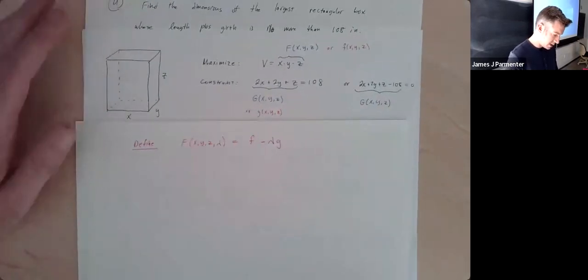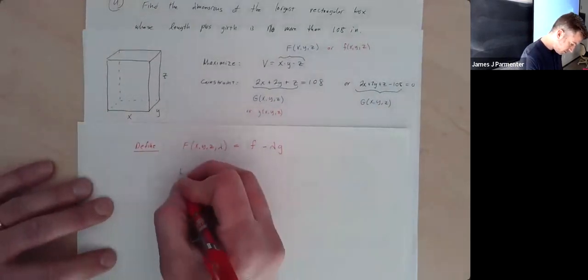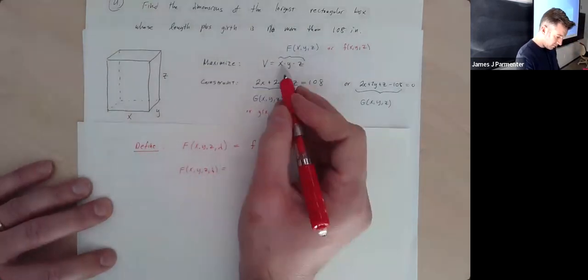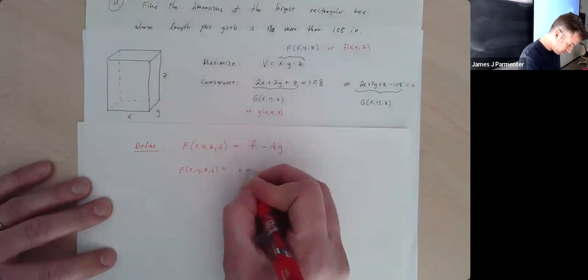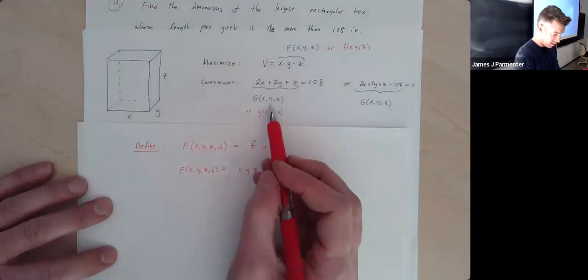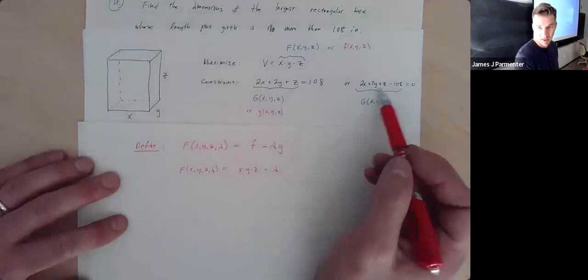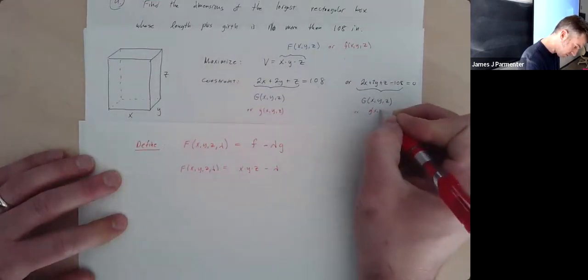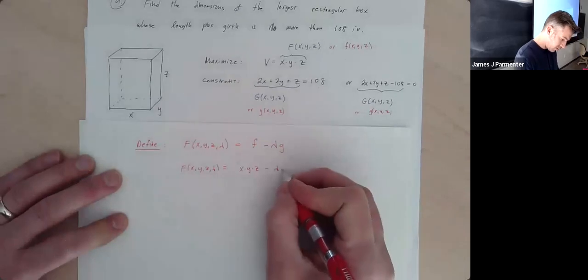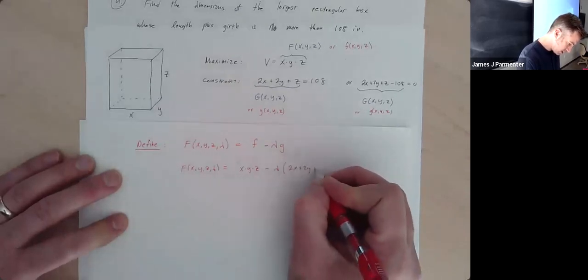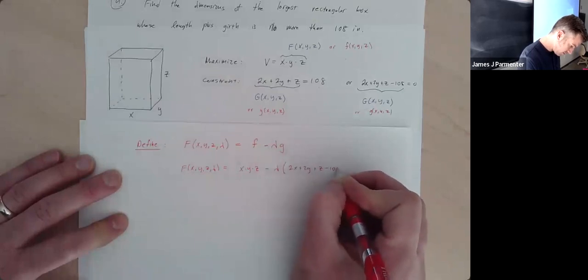So in this particular case, it's going to equal little f, which is just x times y times z, minus lambda times little g, which you can call either this or this. It doesn't matter. Most books, I think, call it this when they do it this way. So that's going to be 2x plus 2y plus z minus 108.